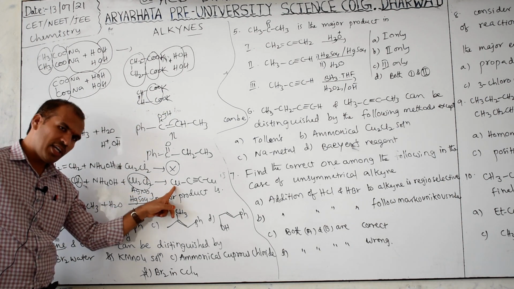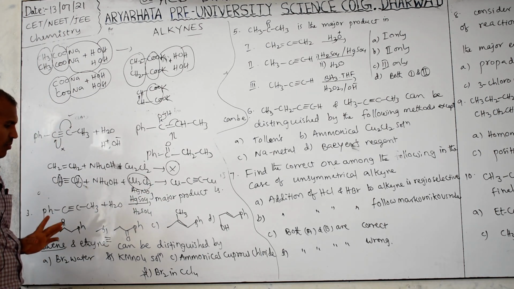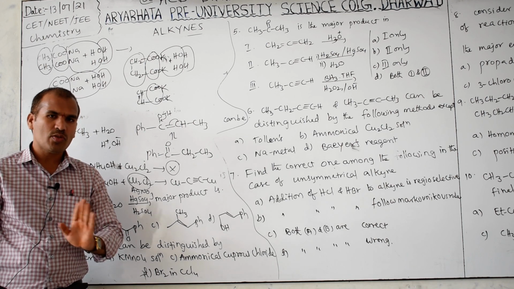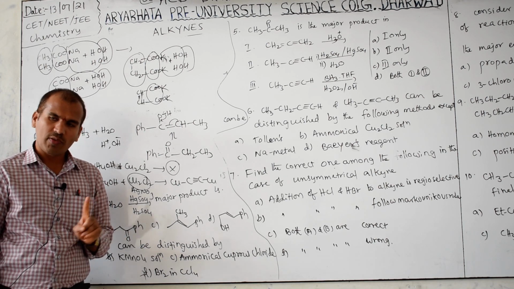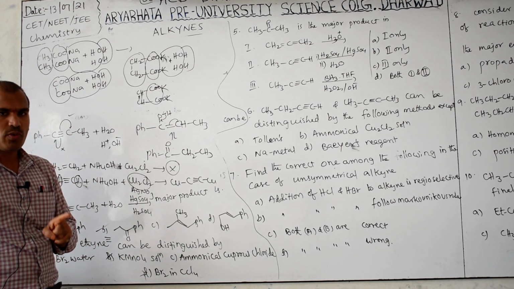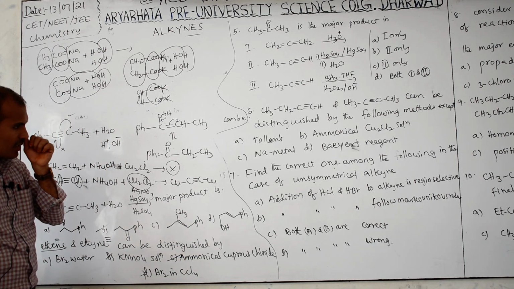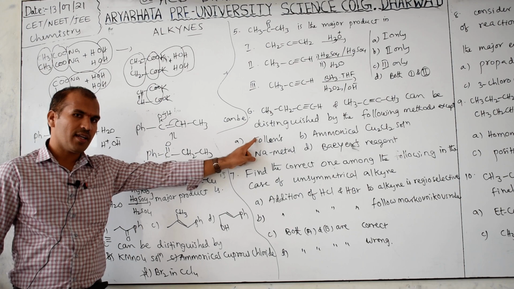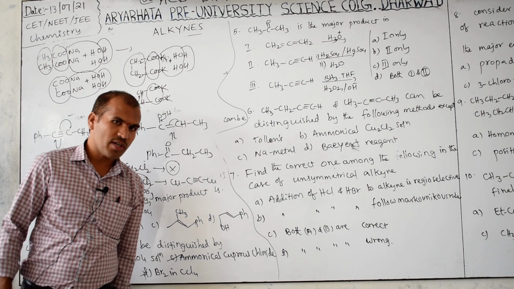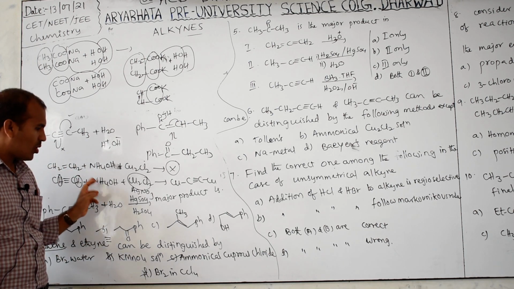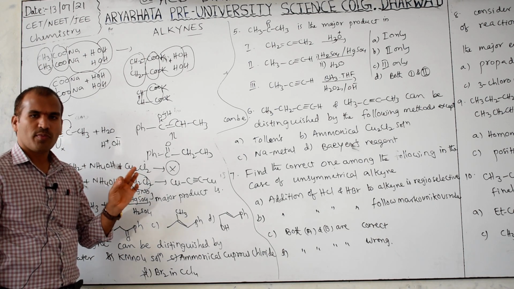So it gives a test here, because acidic hydrogens are present. So ammoniacal cuprous chloride, alkene does not give, which will give? Alkynes only give the positive test. Therefore C is the correct answer. If Tollens reagent and ammoniacal cuprous chloride are there, which will give? Alkynes only give the Tollens test and the ammoniacal cuprous chloride test.